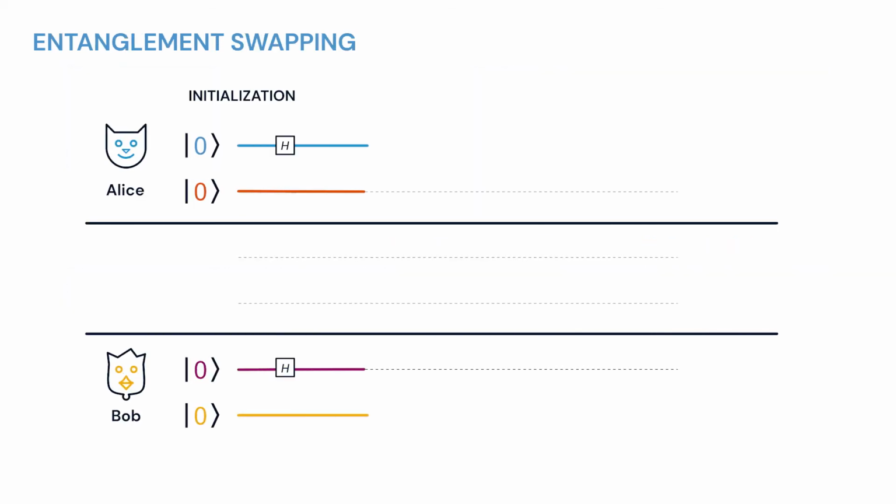In the initialization step, the two non-connected parties, blue and yellow, generate Bell states. They keep one of the particles of their respective Bell state and send the other to purple, a common intermediate station. Purple is responsible for running the Bell state analyzer.